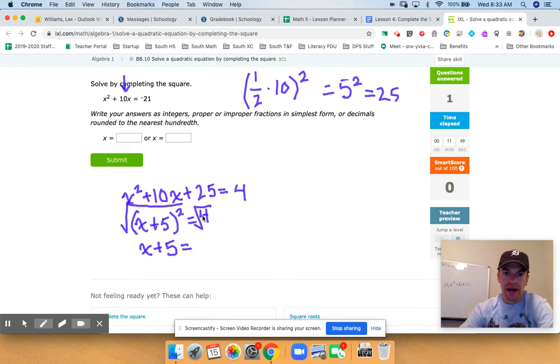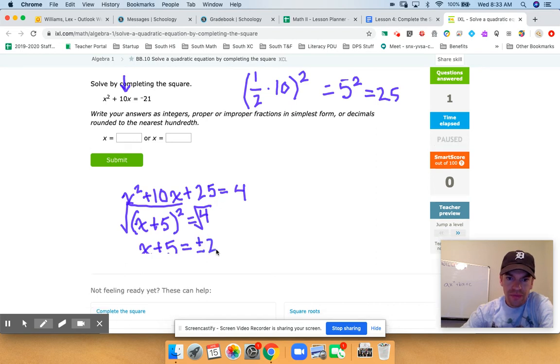The square root of 4 is 2, but it could be a positive 2 or a negative 2, because when you square a negative, it's going to be a positive anyway. So we're going to have plus or minus 2. If this was a number that's not a perfect square, like 3 or 5, you could just leave it as the square root of 3 or 5 and have plus or minus a square root.